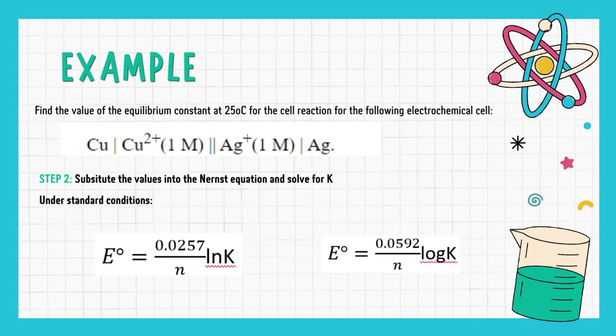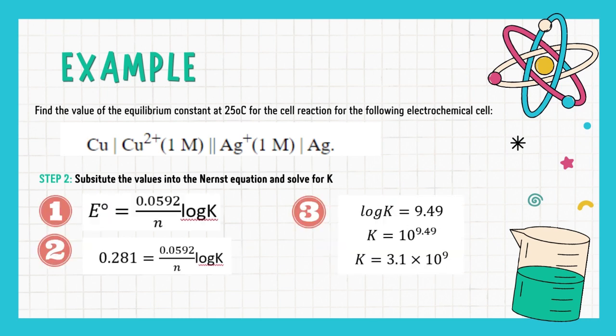Next, substitute the values into the Nernst equation and solve for K. Take note that under standard condition, you may use either of the two equations. Use the values obtained and substitute to get your equilibrium constant. And for this particular example, our equilibrium constant is going to be 3.1 times 10 raised to 9.